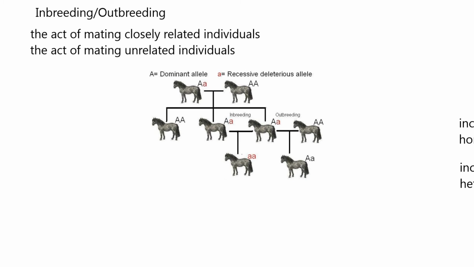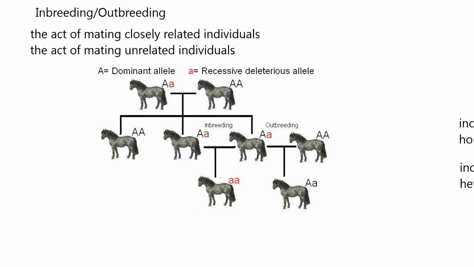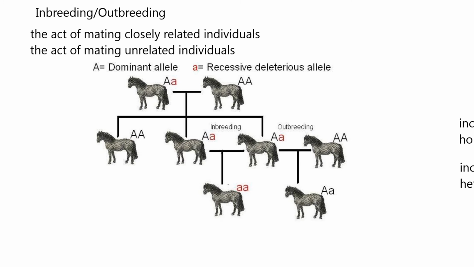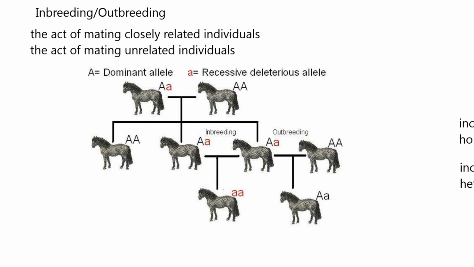Here's a nice little graphic illustration. We've got capital A, which is a dominant allele, and then lowercase a, which is a recessive deleterious allele. Deleterious means something bad is going to happen if two copies are present.